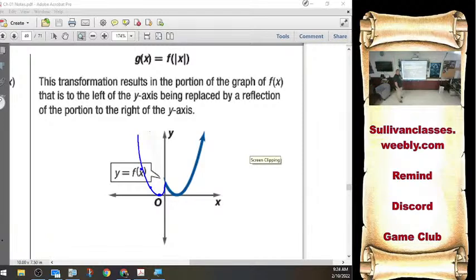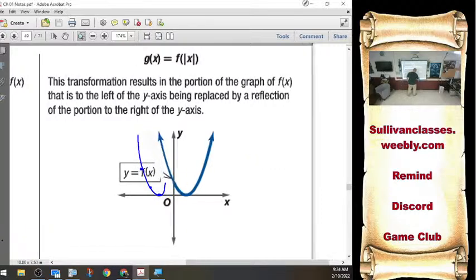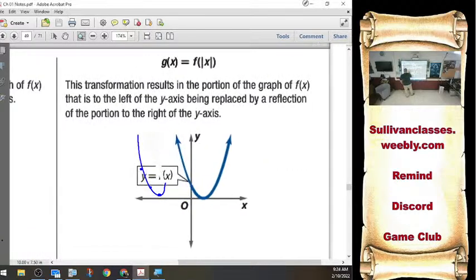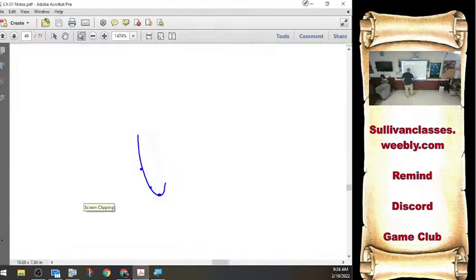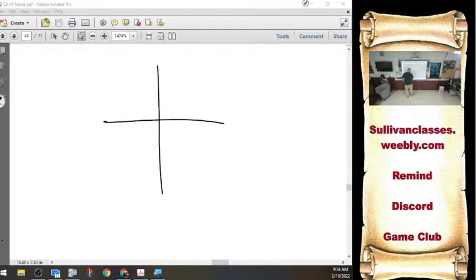What if your x is negative, has y negative? What if your vertex was underneath the x-axis? Oh, on here? Yeah. Okay. So say I've got that.